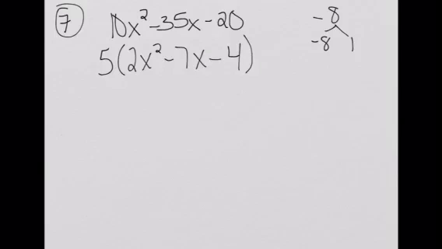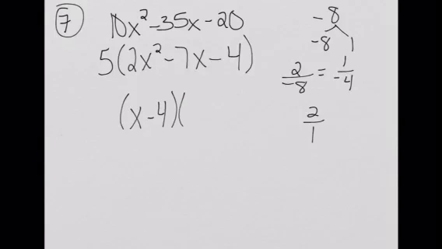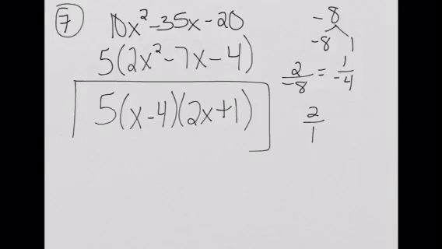Now remember, Chuck Norris says you want to make your fractions, so that's 2 over the negative 8, which reduces to 1 over the negative 4. And then that's 2 over 1, which is already in reduced form. So then my 2 factors become x minus 4 and 2x plus 1. But please don't forget the 5 that we originally factored out, so we've got to bring it down. And so here we have our final answer in factored form.